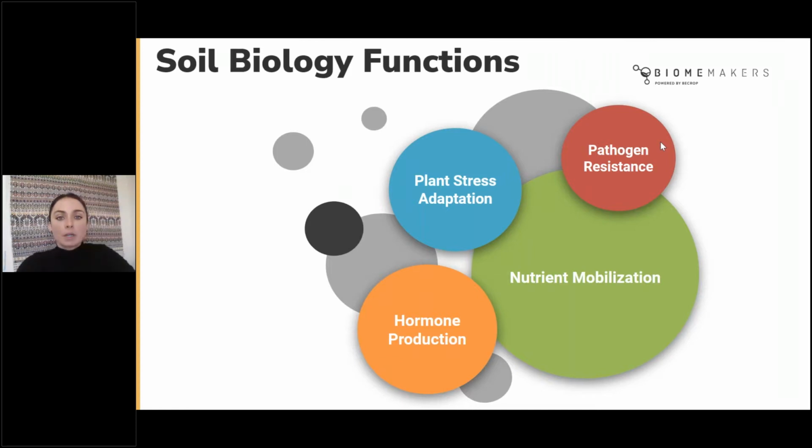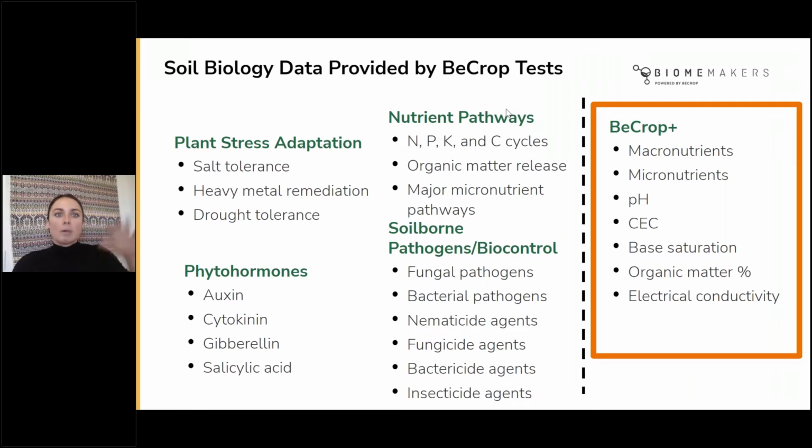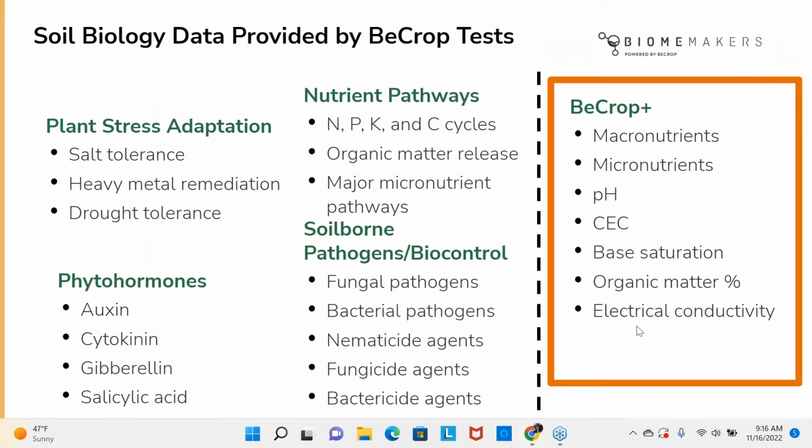So when we break this down, we talked about what influences stress, we talked about how the biology has direct correlation with how we adapt to stress, whether that's through increasing mineral availability or increasing stress tolerance, all a function of soil biology. So what does that look like in terms of what we look at in the BeCrop report and in our technology, right?